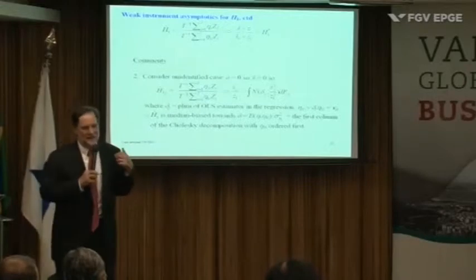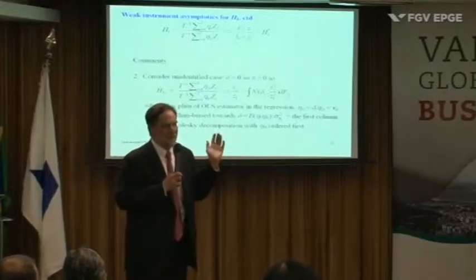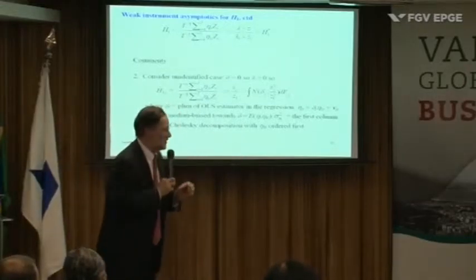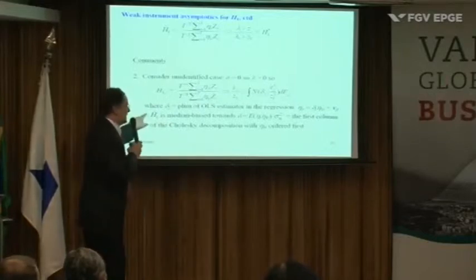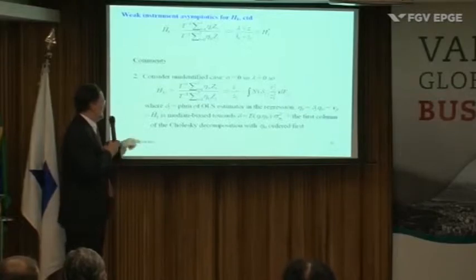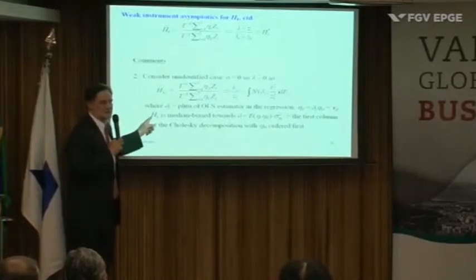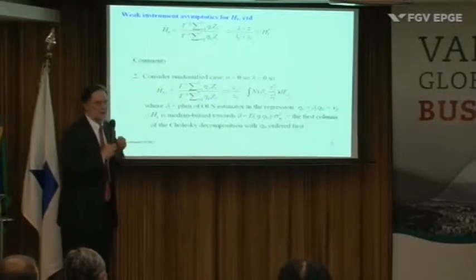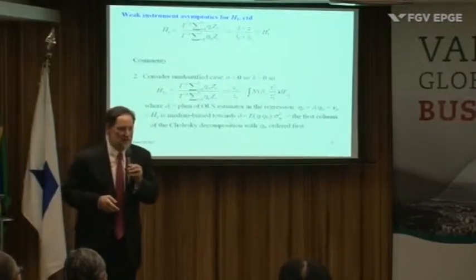So you might think you did instrumental variable stuff, but really all you did was a Cholesky factor. So this isn't obvious. This is a familiar result actually from two-stage least squares.